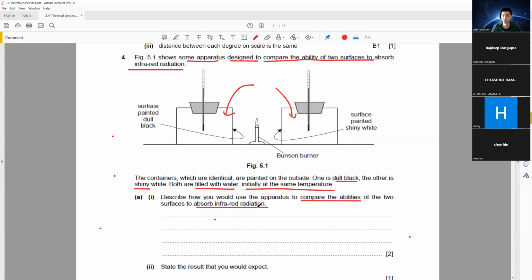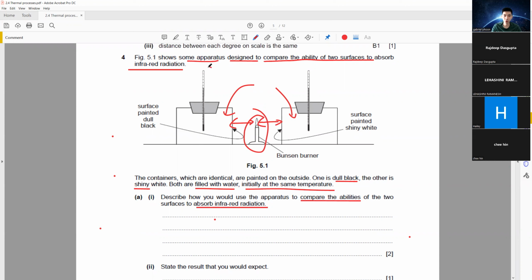Basically, this question is asking you, how are you going to use this apparatus to show that black color is the better absorber of heat and white is the worse absorber of heat, right? They give you all these lines here, and you're basically supposed to tell them what you're supposed to do, guys. If I were to conduct this experiment, first and foremost, I'm going to put a Bunsen burner in between these two surfaces, making sure that both of them are equal distance apart.